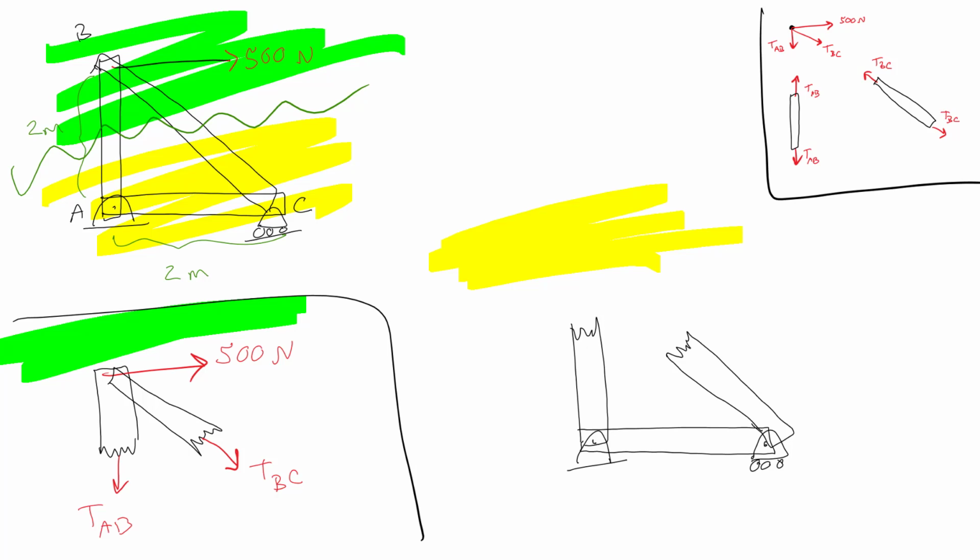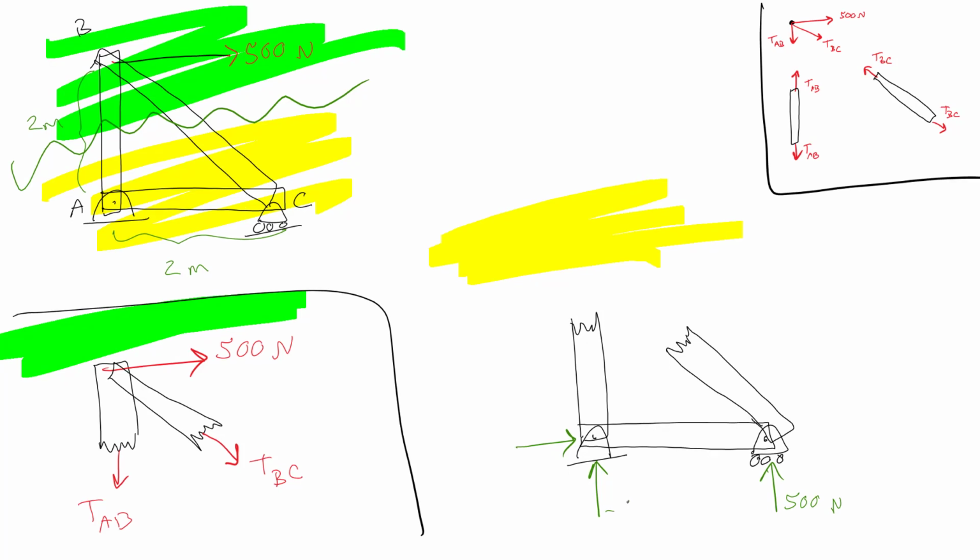Now I have to pay attention to my reaction forces, which I could have gotten by examining the system level. So I'll write those in. This one is going to be 500. AY, as I've drawn it, is negative 500, and AX is negative 500, as I have it drawn in.